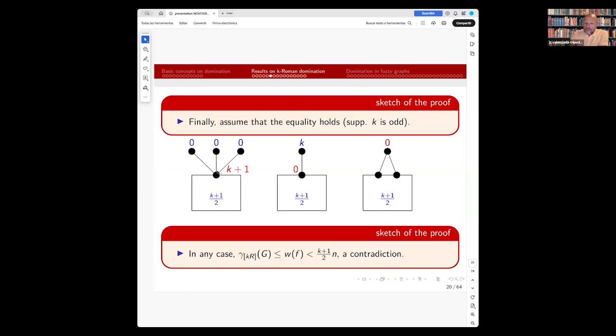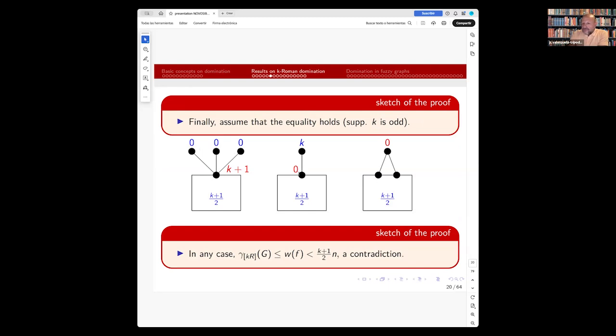If we have a strong support vertex, we can define a new function by giving the label k plus 1 to the strong support vertex, and the label 0 to any of its leaves.